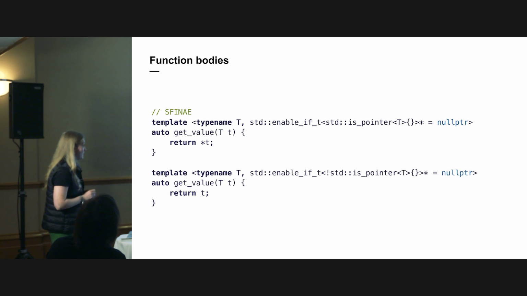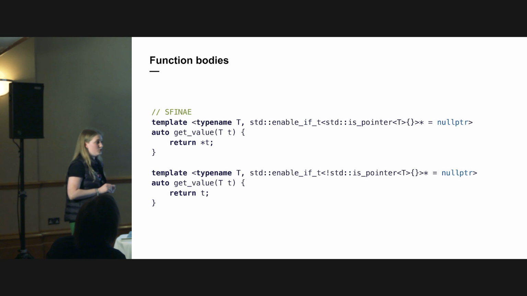Quite nice code, apart from the fact that when the IDE gets the getValue call, it has to go to these definitions to see what's going on there, what this enable_if is, unwrap it, parse it, understand what's written there, and select the proper option.